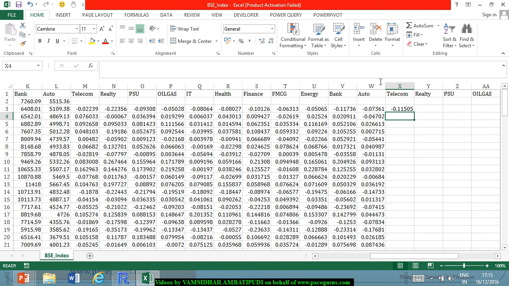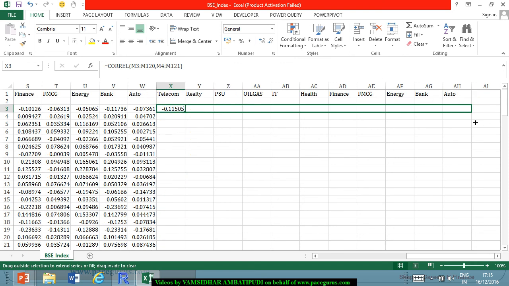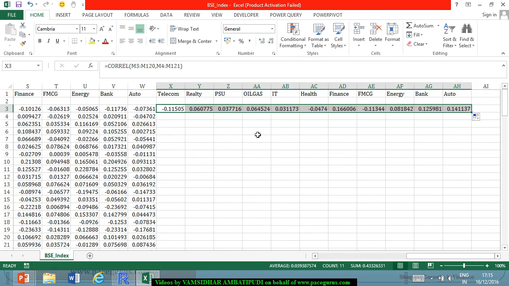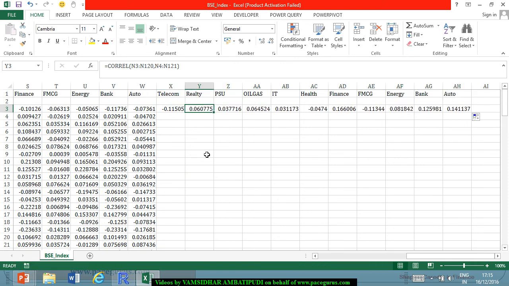Here it is saying that the correlation is minus 0.11. It's low, but it is not so close to zero that it can be ignored. And if I look at various other sectors as well, realty is 6, PSU is again 3, looks much lesser in PSU, oil and gas, but in finance it looks much higher, 16, FMCG minus 11, banking is 12.5, automobile is 14.